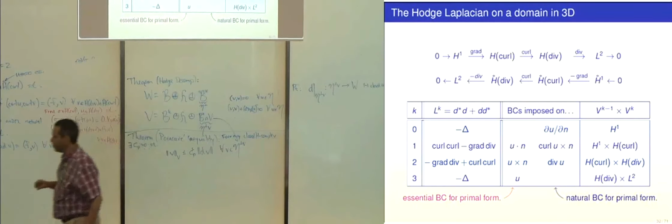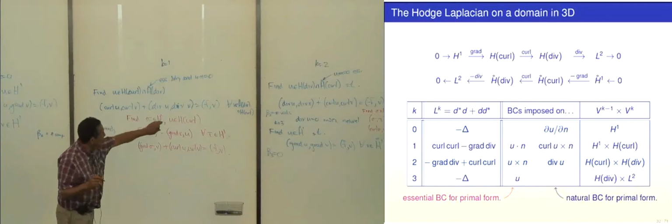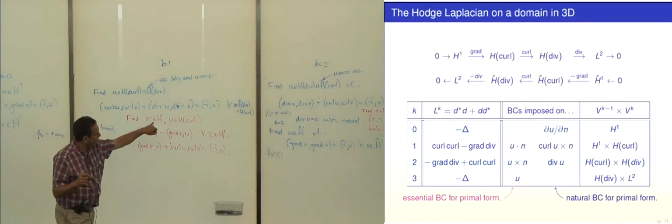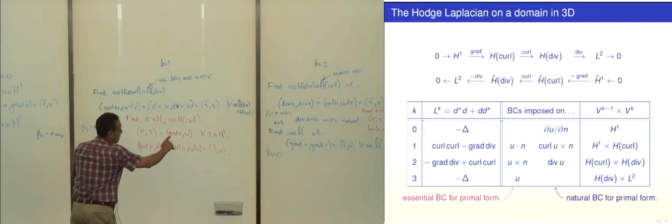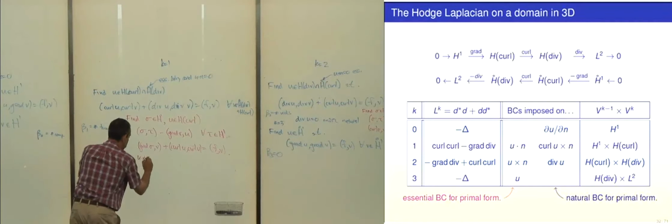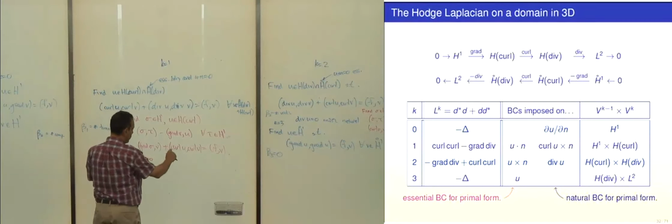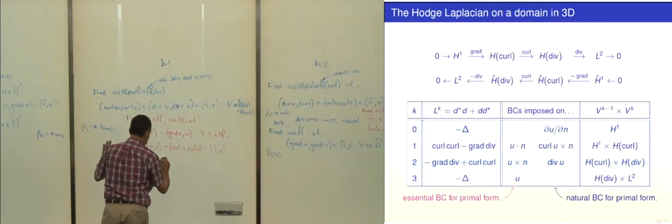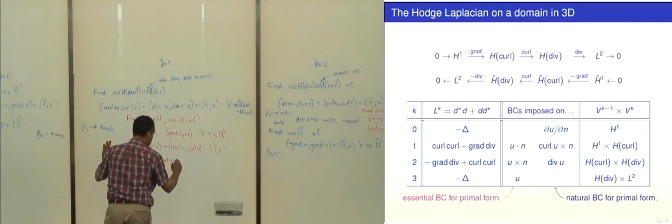Let's look a little at the boundary conditions. What are the boundary conditions that we get? There are none built into the space. They're all natural. From this integration by parts, we get the u dot n is equal to 0. And by this integration by parts, we get curl u cross n is equal to 0.